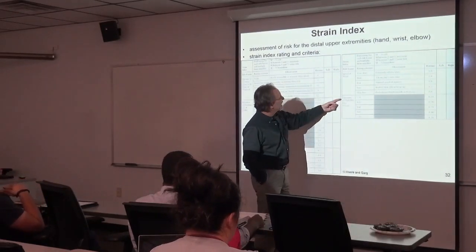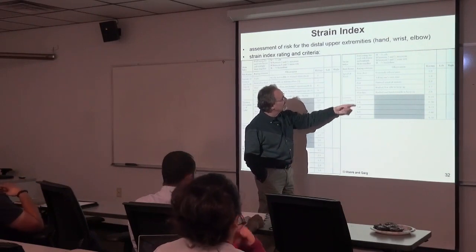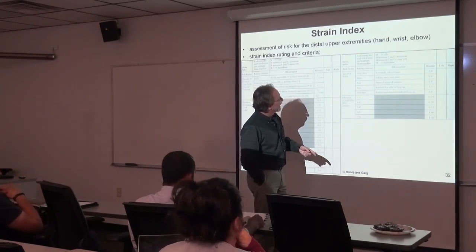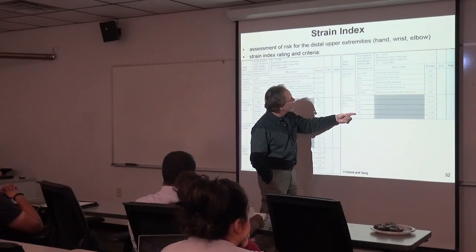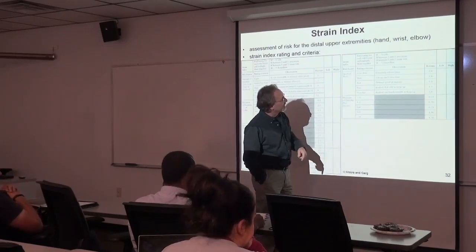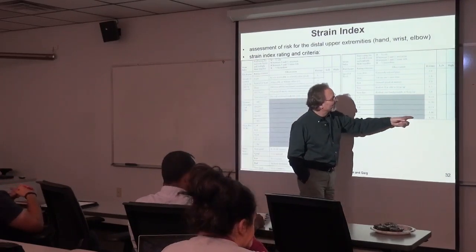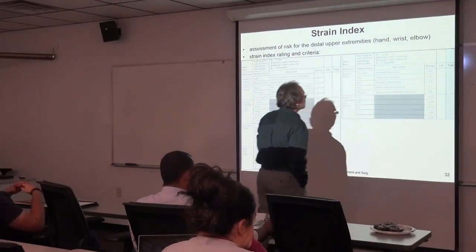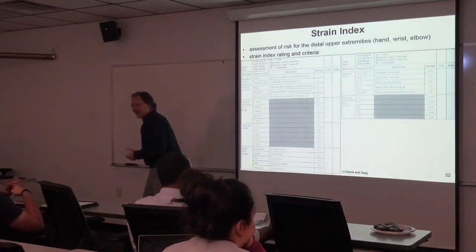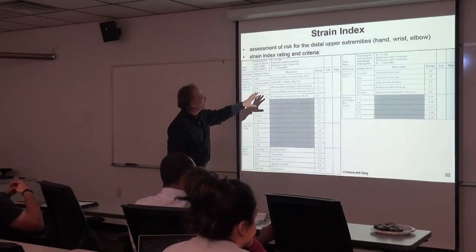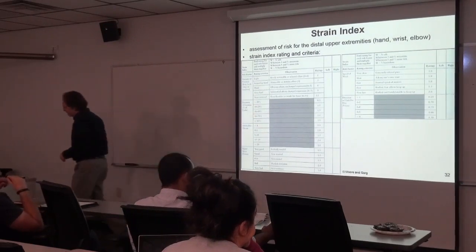And then the duration of tasks per day. How long do you do this in the course of a day? Less than 1, 4 to 8, or 8 hours. And you get a score accordingly. So you have to score according to this chart each one of those 6 dimensions.